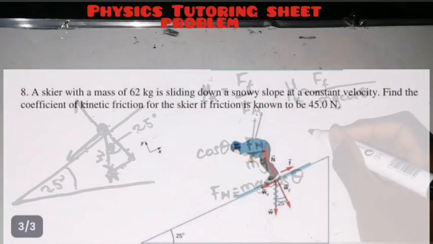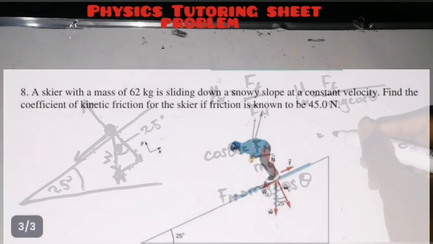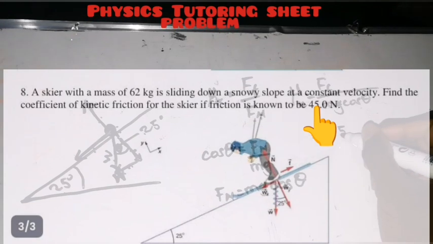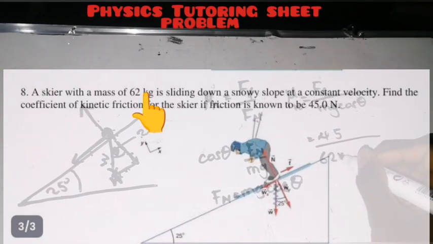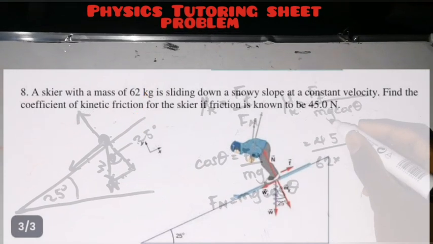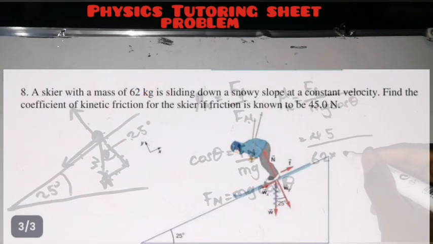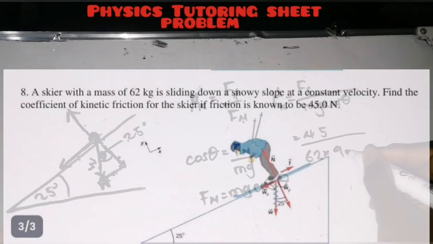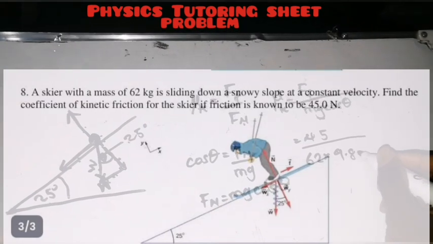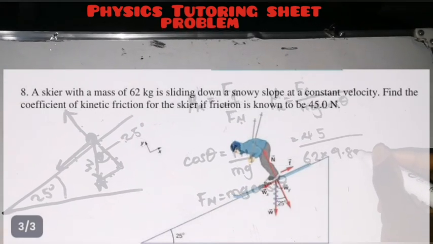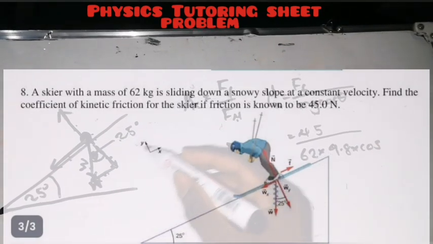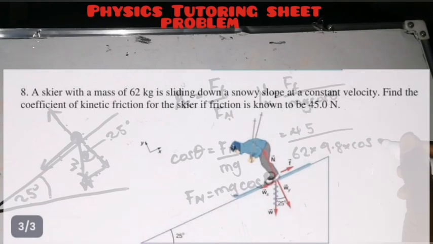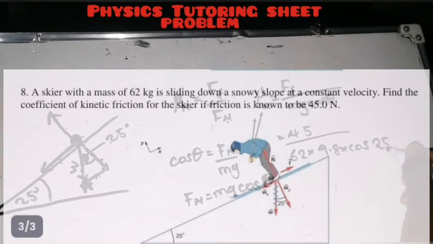The frictional force is given as 45, over the mass, which is given as 62 kilograms. The acceleration due to gravity can be taken as 9.8, sometimes 9.81, but I'll stick to 9.8. Then we're going to multiply this by the cosine of 25 degrees.